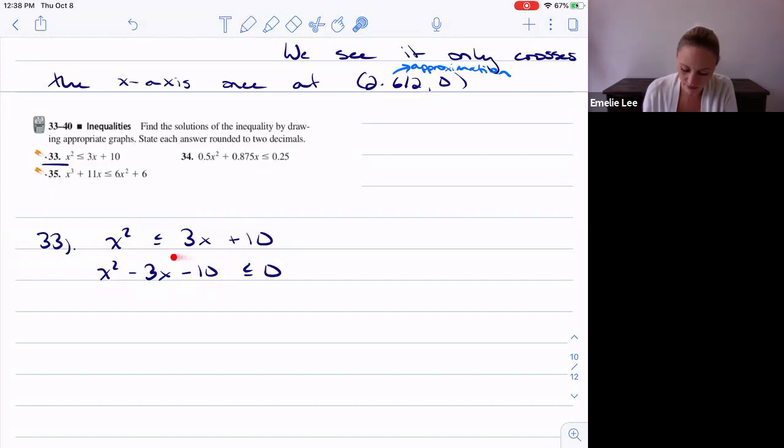So if I graph this, it'll show me the actual graph, and we can use that to see where is it less than or equal to 0. If I put this whole thing in Desmos, it'll show me the regions of the solutions.